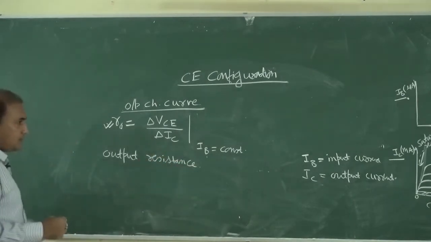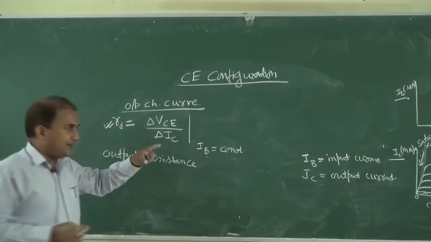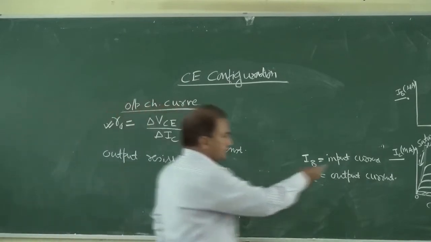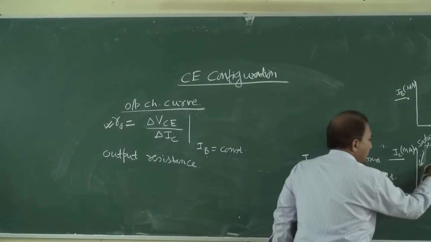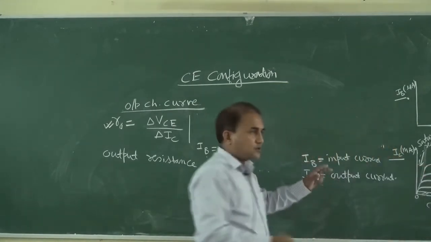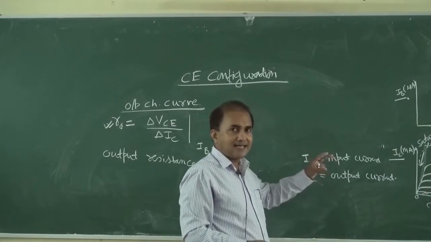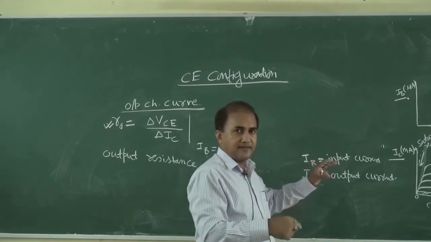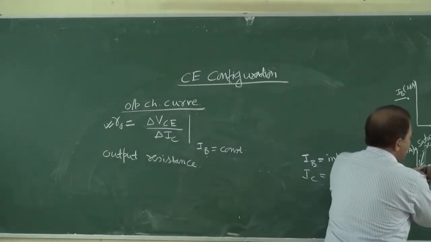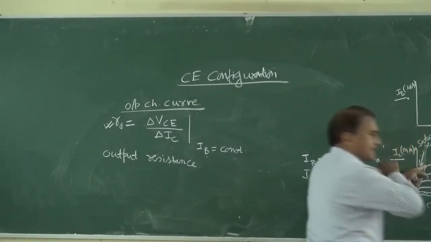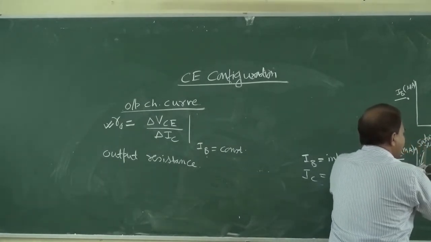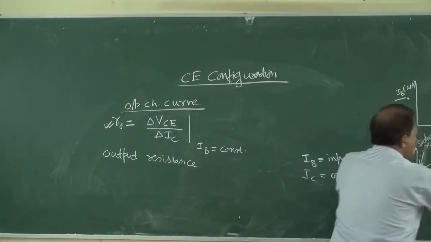In the output characteristic curve we are seeing that the slope is higher as compared to common base configuration. In common base configuration the output curve was horizontal, but here it has some slope.